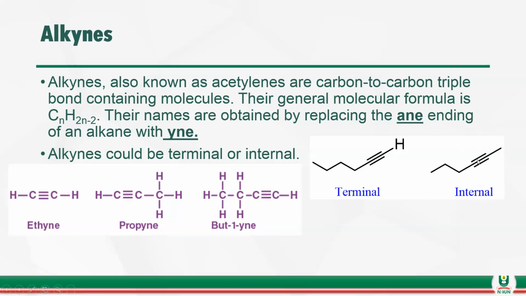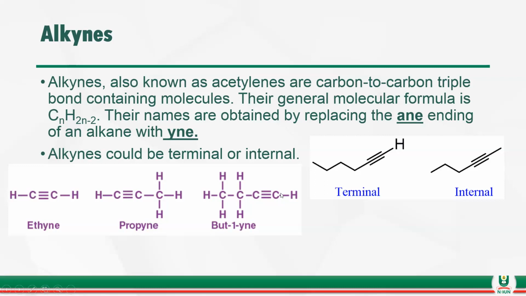Now, the question is, between internal alkyne and terminal alkyne, is there any difference? Yes, there is a clear difference, because in a terminal alkyne, as we have here, the triple bond is on a carbon that has a hydrogen. You can look at this hydrogen. The triple bond withdraws electron from this carbon to hydrogen bond, thereby making this bond weak.